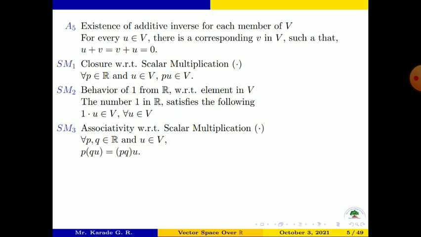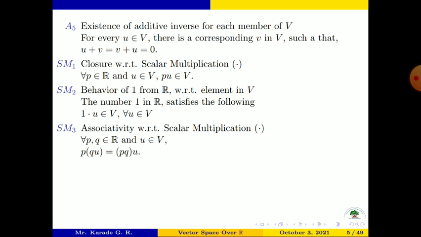If we take the product of q and u and then multiply that result with p, that must be equal to taking the product of p and q and multiplying the result with u.